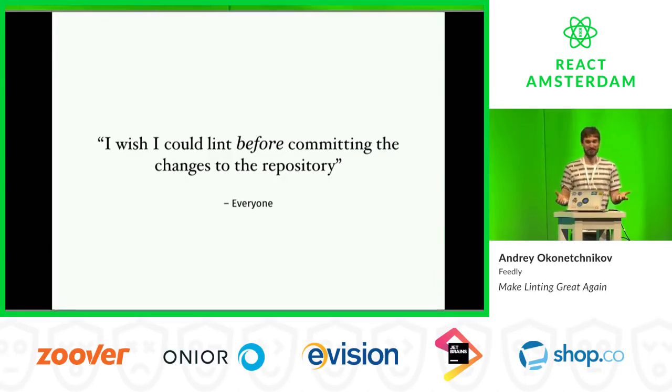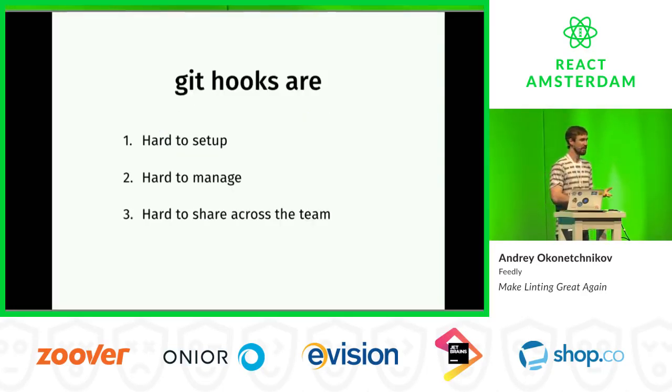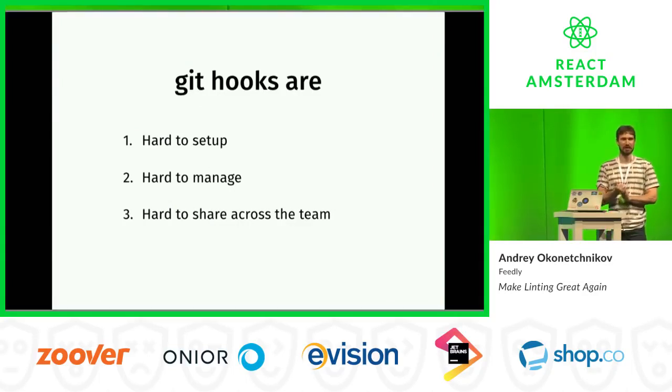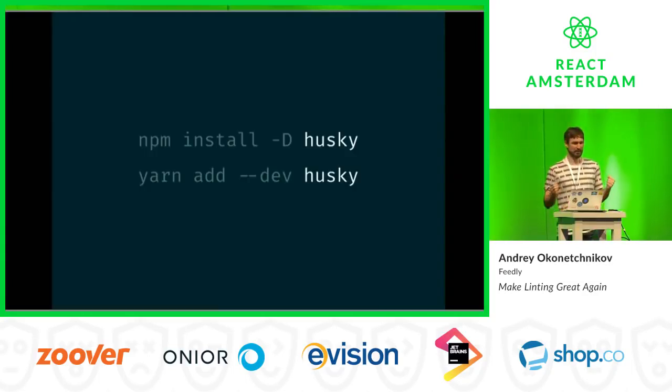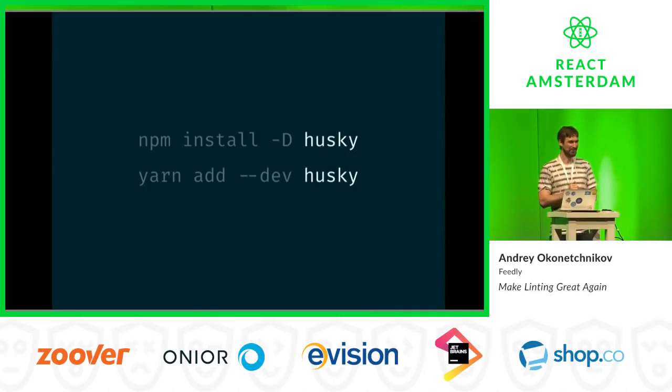It should be done by everyone, right? But making this is pretty hard. Git hooks are hard, right? It's hard to set up, it's hard to manage, and most importantly, it's hard to share across the team. So where's the tool for that? It's called Husky. You just npm install, and if you're really modern, you use Yarn, right?